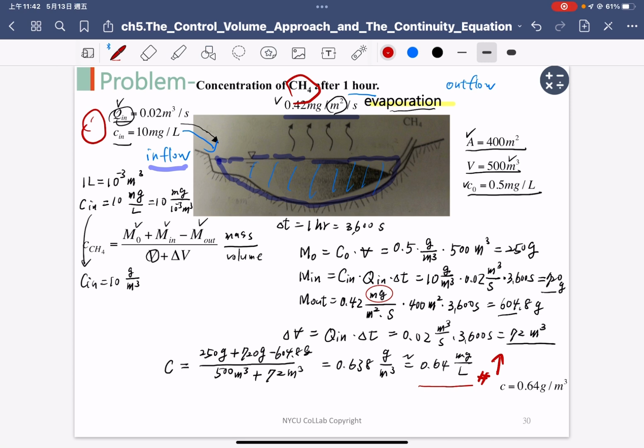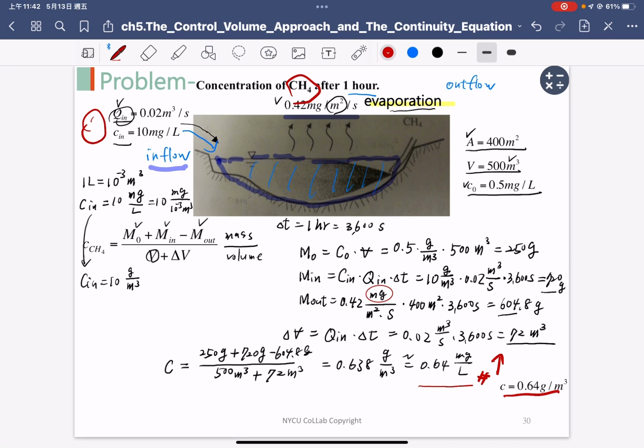That's very dangerous. If they spill for maybe 1 day, the concentration in the river will increase a lot and cause health problems for people, right?